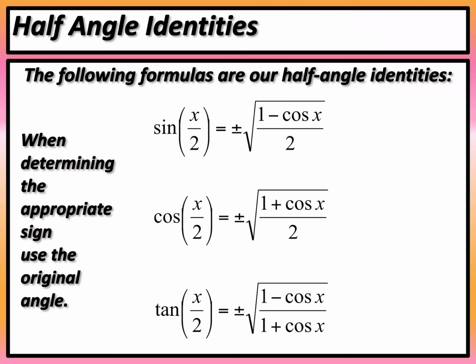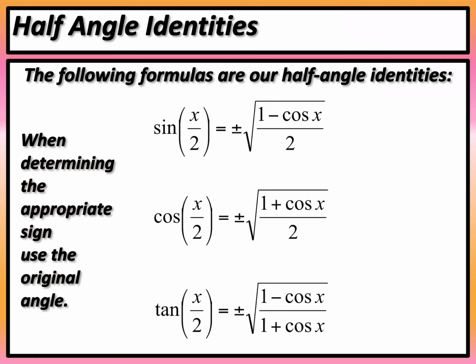We also have our half angle identities. These are a little bit more complicated derivations, so these are just the identities here. And you notice that these all have plus or minus because they're square roots. So we actually have to determine if it is a positive or a negative value depending on where the original angle falls on the coordinate plane.